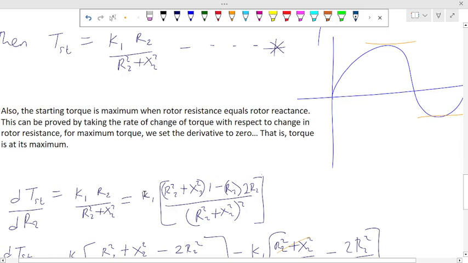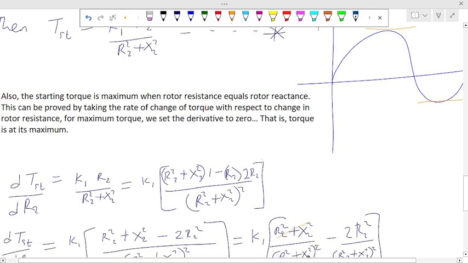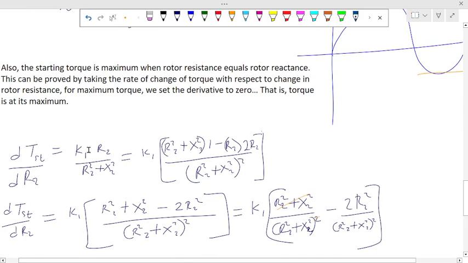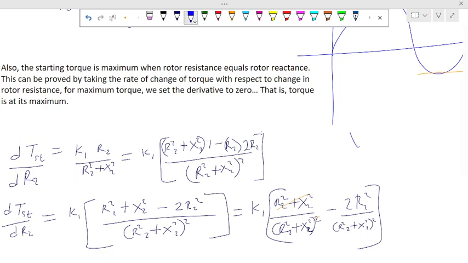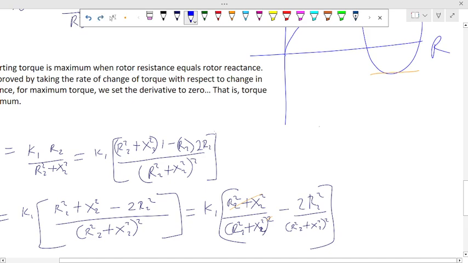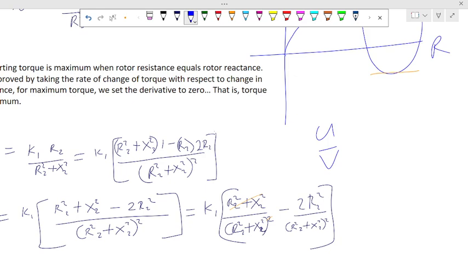We hold what we have under, and we differentiate what we have on top. It's just following the principle of the quotient rule, u over v. We say hold the bottom, then differentiate the top.